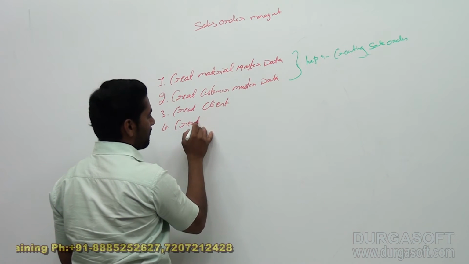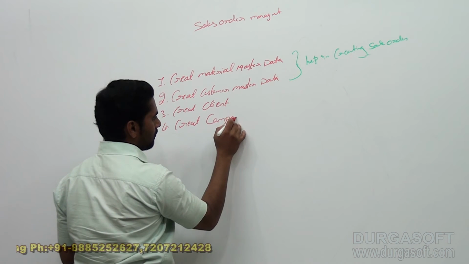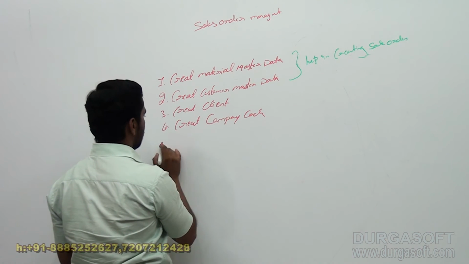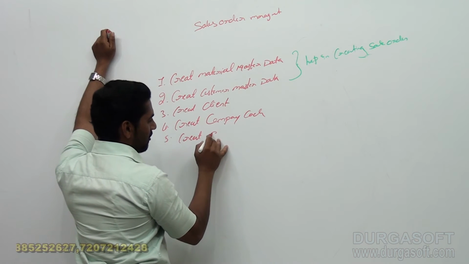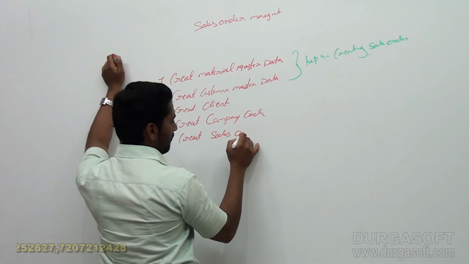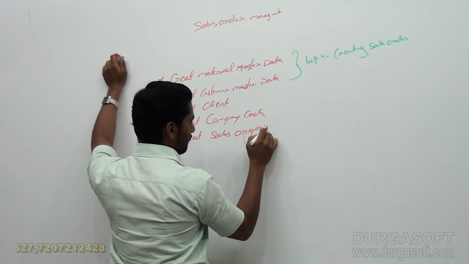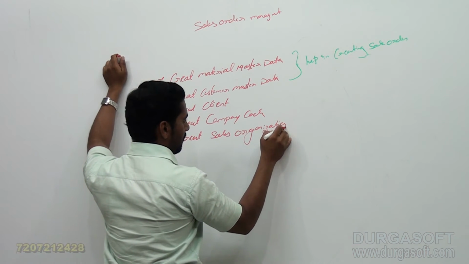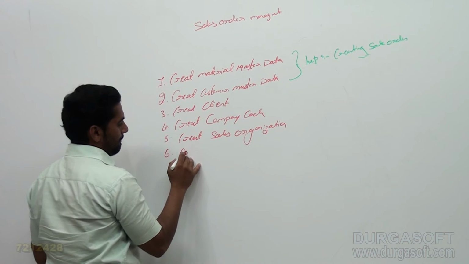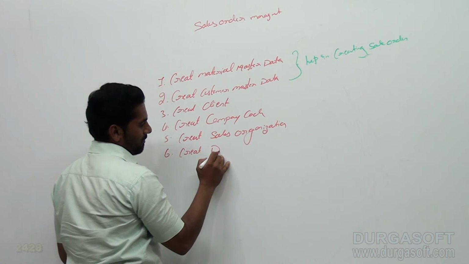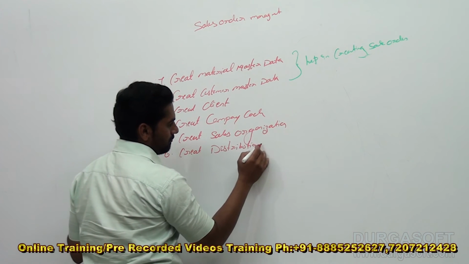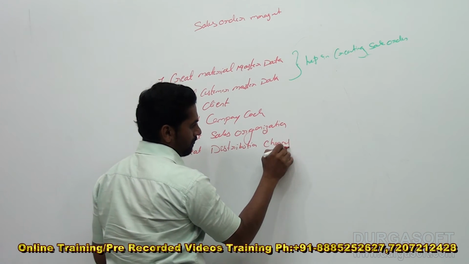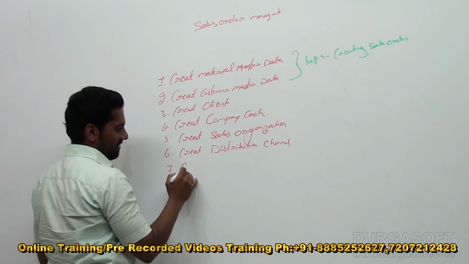Then we need to create some company codes. Then we need to start doing the sales organization. Next steps, we need to create the distribution channels. We can also create the division.